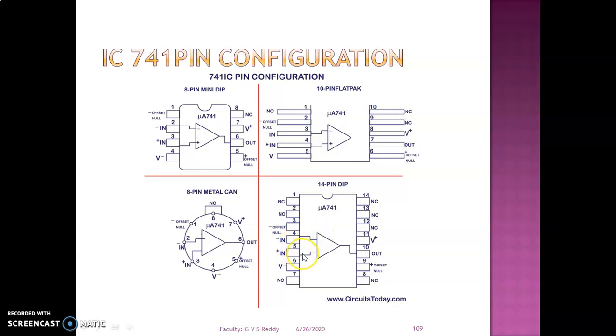Pin number 5 represents non-inverting input terminal. Pin number 10 represents the output of the operational amplifier, and pin number 11 represents positive power supply, and pin number 6 represents negative power supply. So these ICs are available in different packages: dual inline package, metal can package, flat pack package, like that.